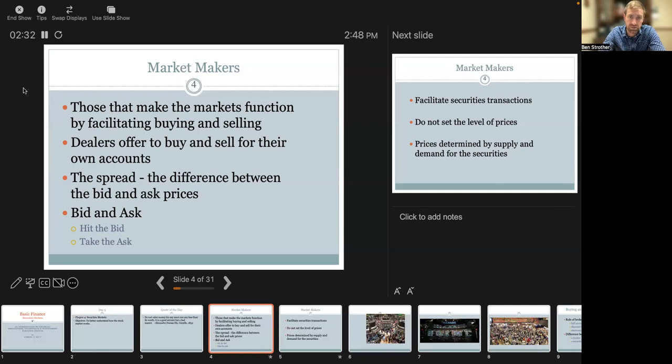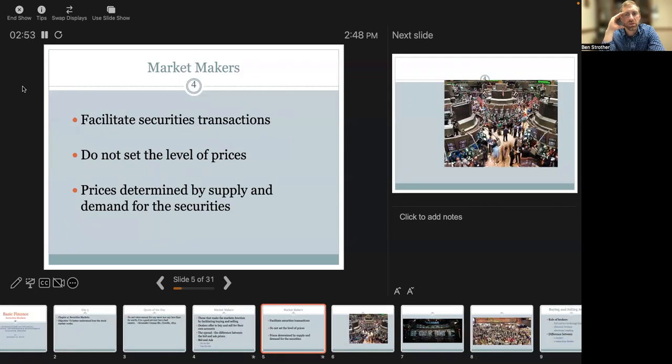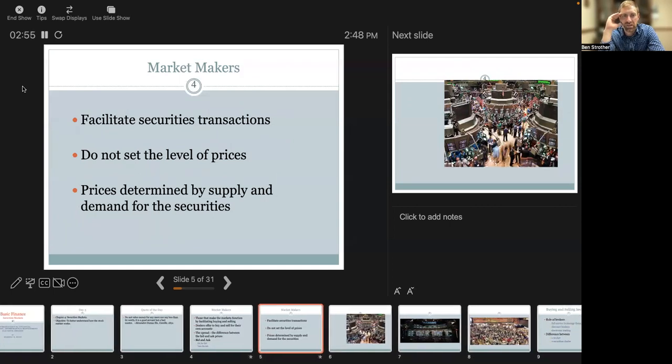And so it's the market maker's job to kind of match and pair those up. And so you see, we call that the spread, the difference between bid and ask. And bid would be what you say whenever you want to buy a stock, and asking is what you're saying when you want to sell a stock. So the terminology is hit the bid and take the ask. So anyway, you have these market makers there, and their job is to facilitate securities transactions.